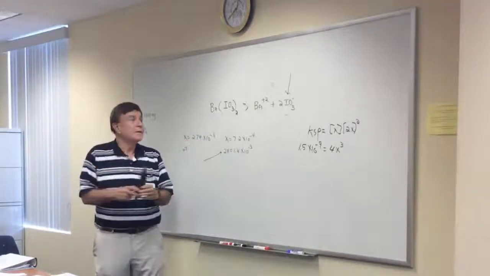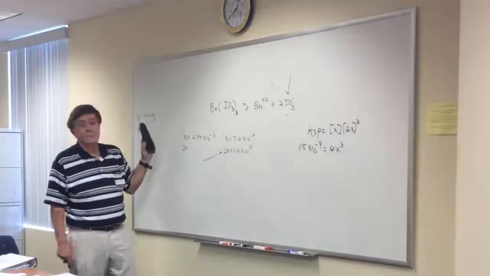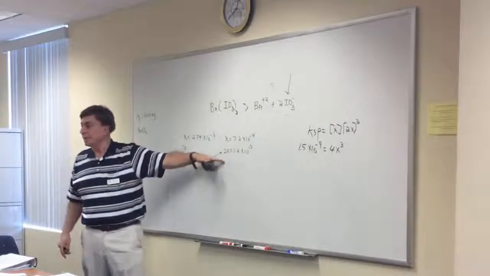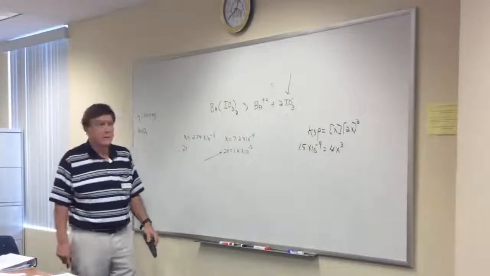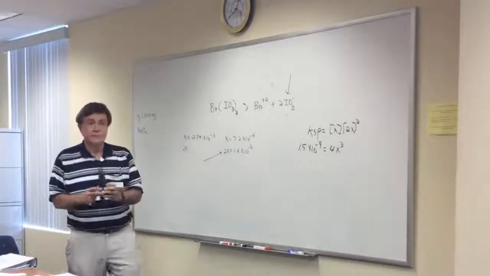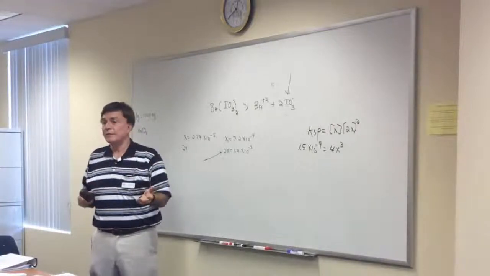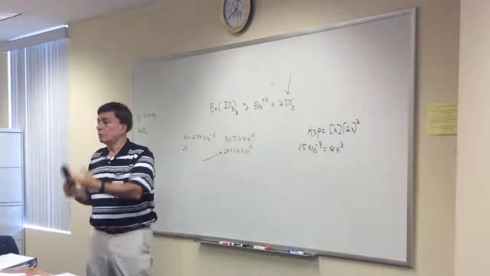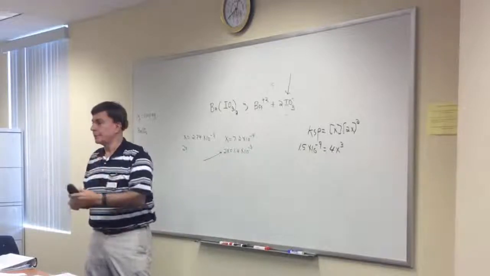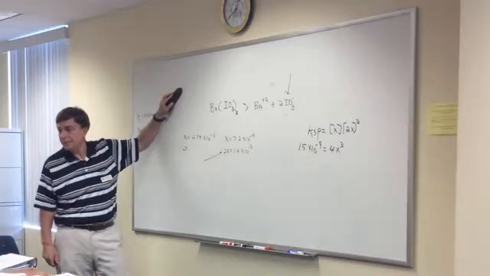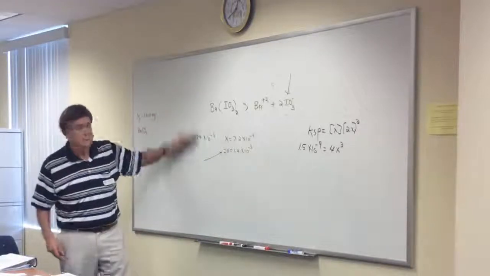Obviously you can do what you want, but if you ask me where I see the most common errors, it's there. And you should have your Ksp values. If you don't, and it's not in the book, you know what to do. Check with Google. All right, I'll erase this. Okay, you got it?